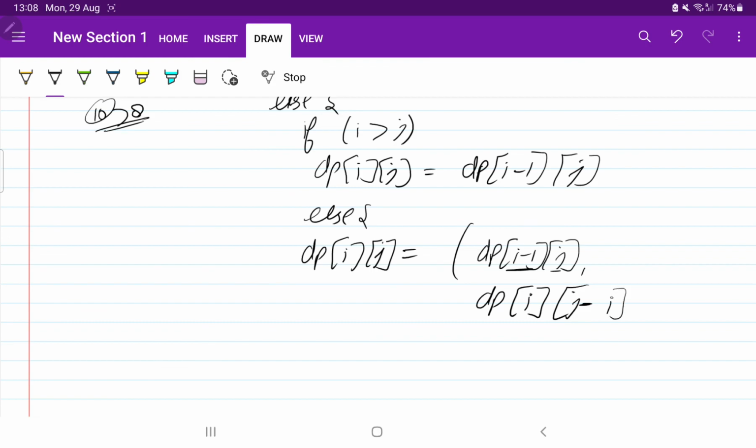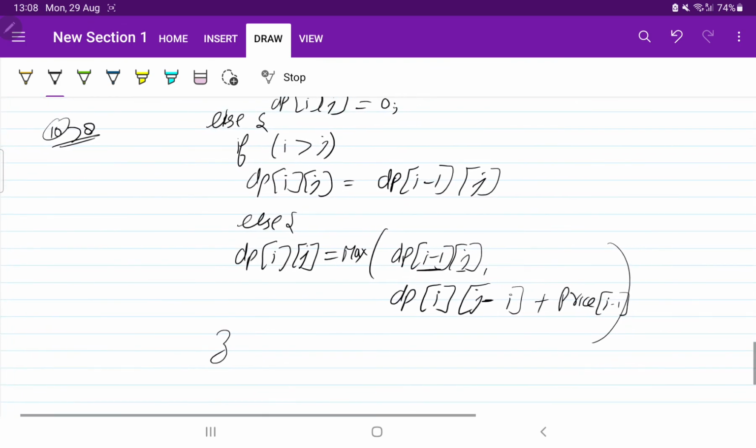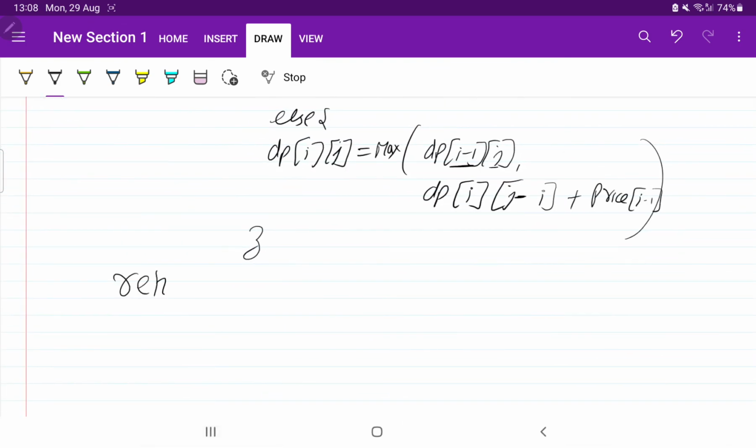The maximum length will be j minus i. And we need to add the price also, so price of i minus 1. Correct. And then we have to take the maximum of this. So this will form the entire dp, and at the end we are going to return dp[n][n].